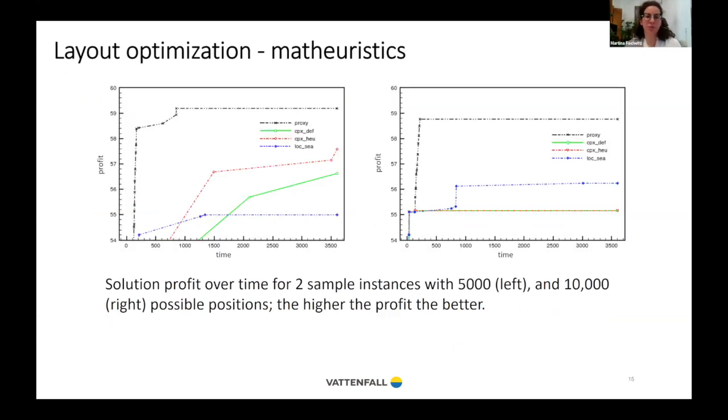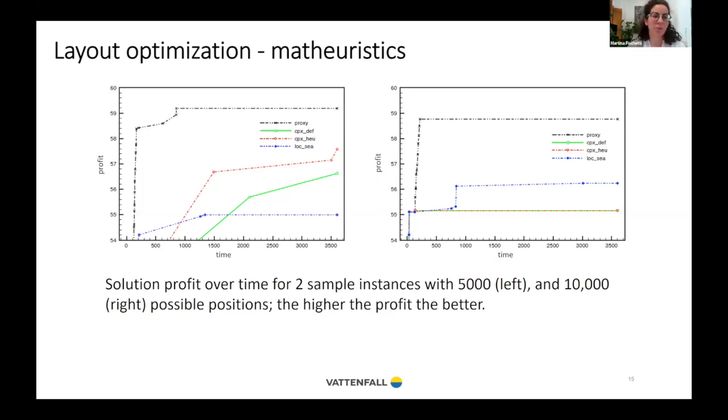Here you see the results on two different instances. On the left, you have an instance of about 5,000 possible positions, and on the right, one of about 10,000 possible positions. On the x-axis we have time, so we want, of course, to be as fast as possible in the resolution of our problem.